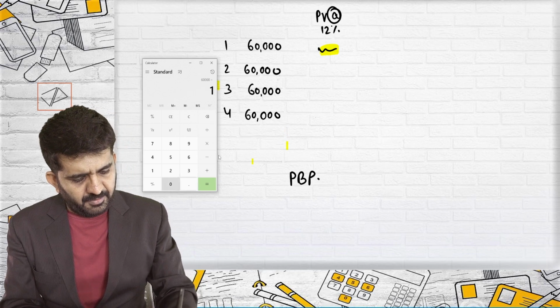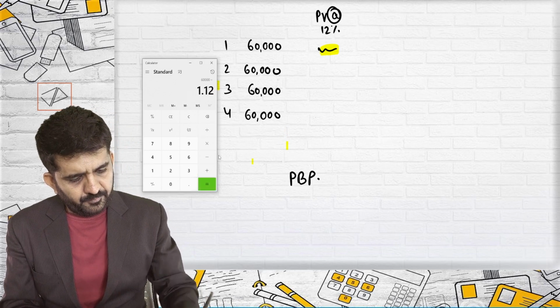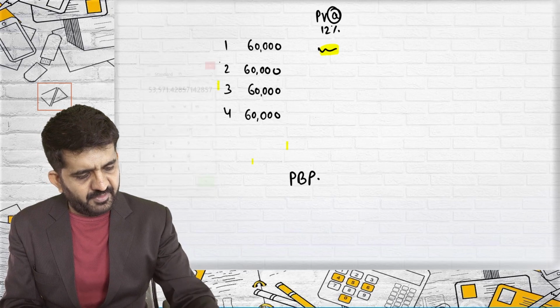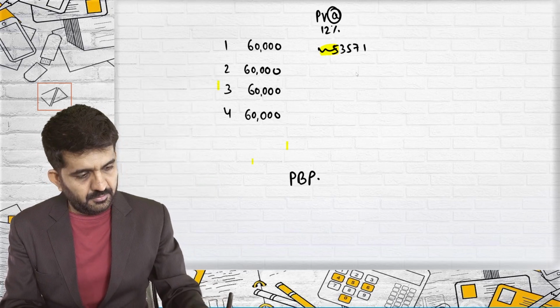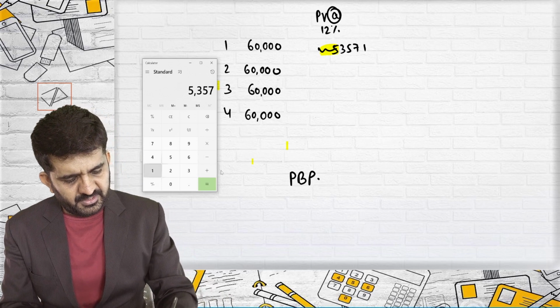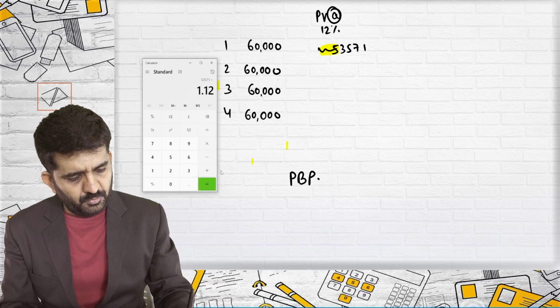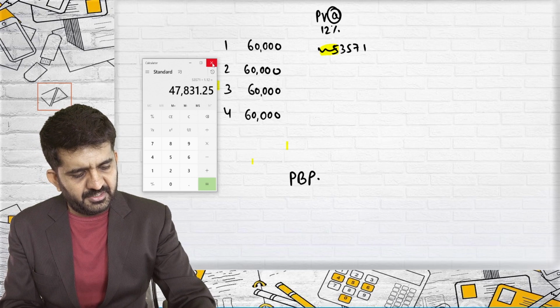60,000 divided by 1.12 is 53,571. 53,571 divided by 1.12 is 47,831.